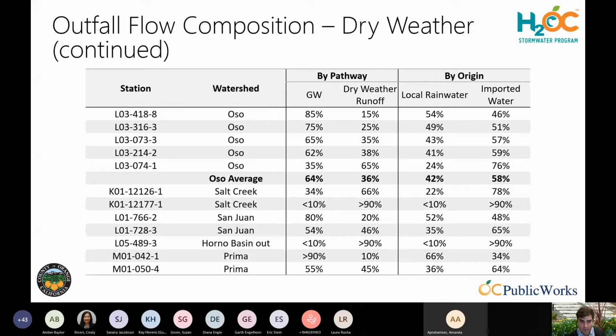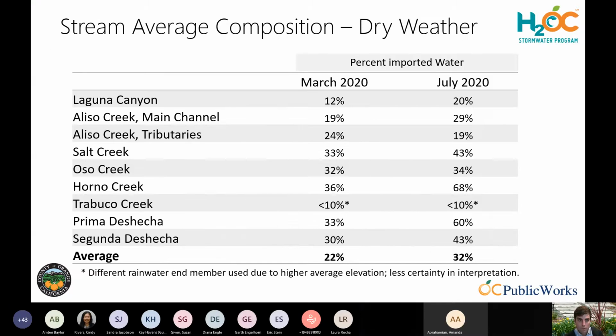And here's another look at this, mostly for your reference purposes later, of how this looks in other watersheds. Oso looks pretty similar to Aliso, and then various other watersheds have differences. So now the next question, this is a new question, which is what do we see in the streams?